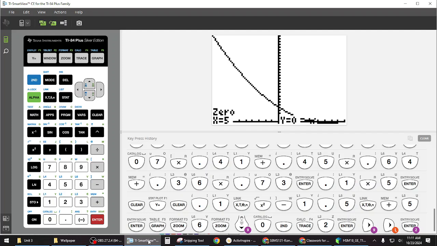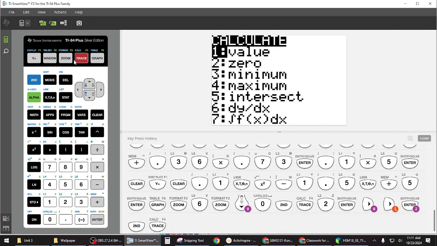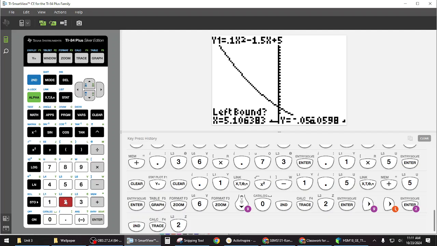What were the keystrokes to get there? Second trace. Second trace. 2. Left bound. We're okay for the left bound because we're left of the next 0. So hit enter. And then just arrow off over there until you see this y value go above, like go to positive.